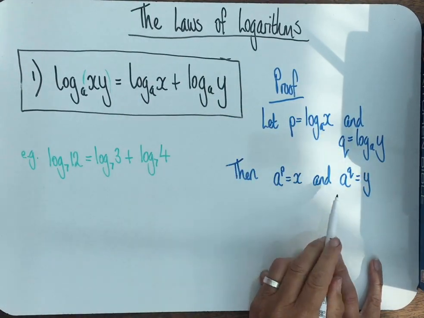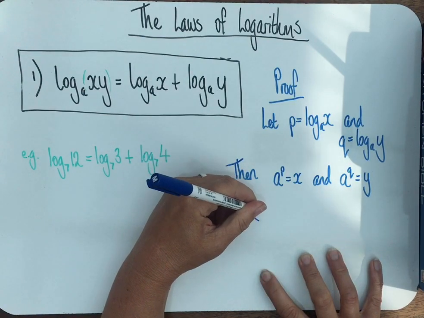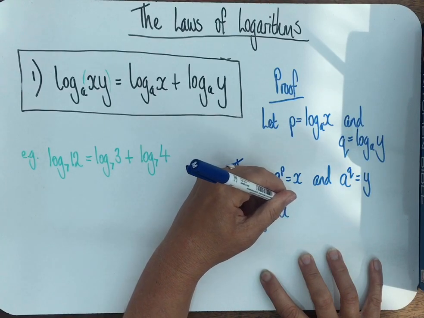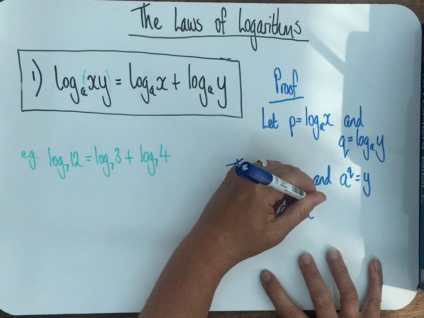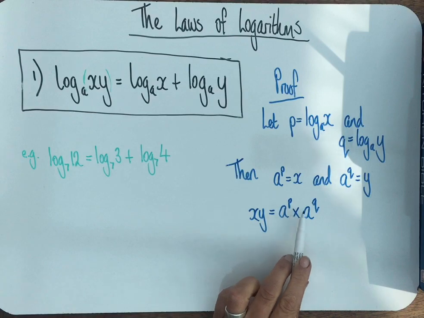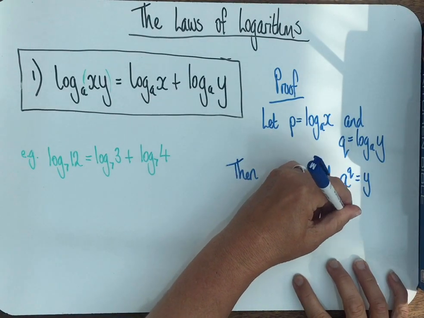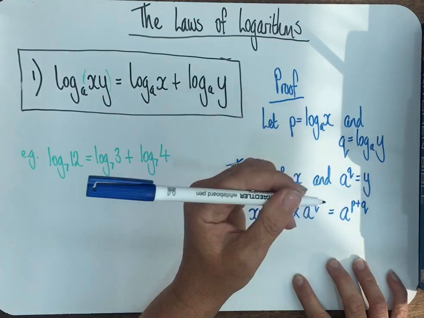So if I multiply these two together now, then xy is equal to a to the power of p times a to the power of q. As long as the base is the same, when you multiply you can add your powers, so you all know that. So that's a to the power of p plus q.